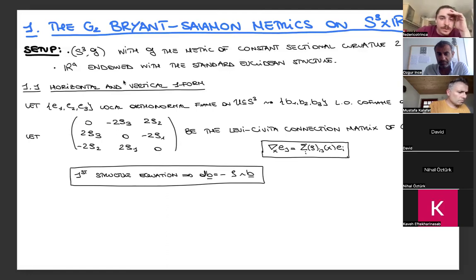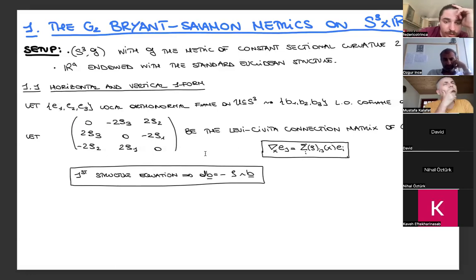Given this data, we have a Levi-Civita connection matrix. This is the matrix which satisfies this equation here. Essentially, the connection matrix is a matrix that encodes all the covariant derivatives of a Levi-Civita connection. And this is characterized by the first structure equation, which is this formula here.